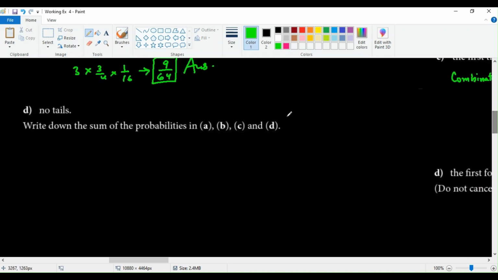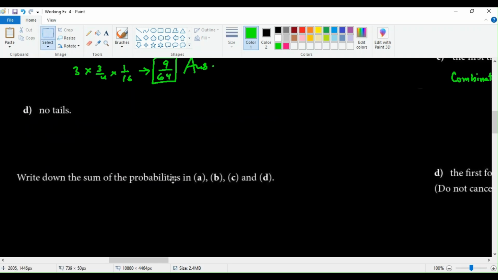When it comes to no tail, I should bring this down. No tail means you're talking about heads three times, so it's going to give us 27 over 64.